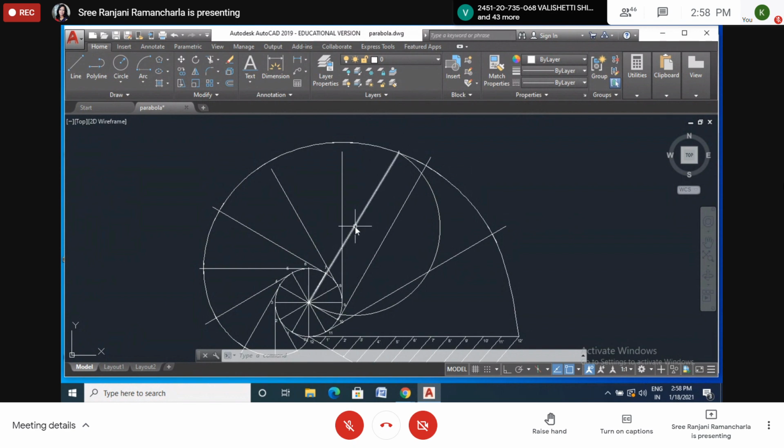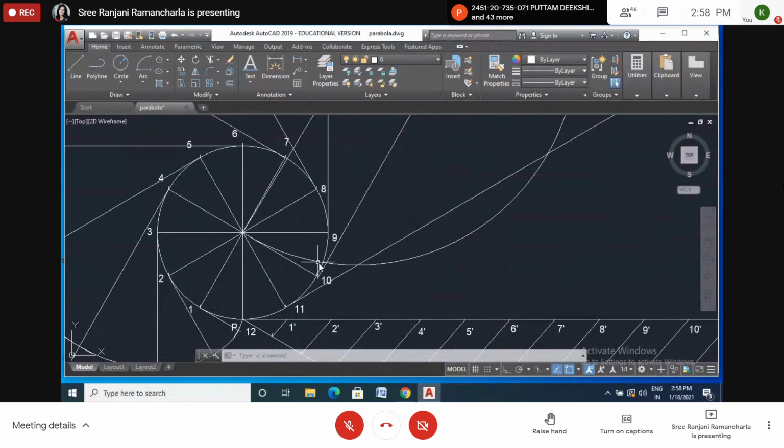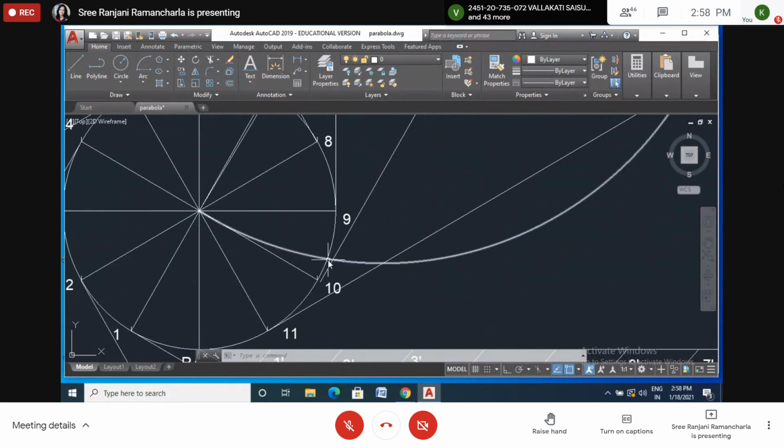This is the point, which you can call M. So from M, taking this as the radius, draw the semicircle. Now this semicircle is cutting this circle here. Can you see this? It is cutting here.